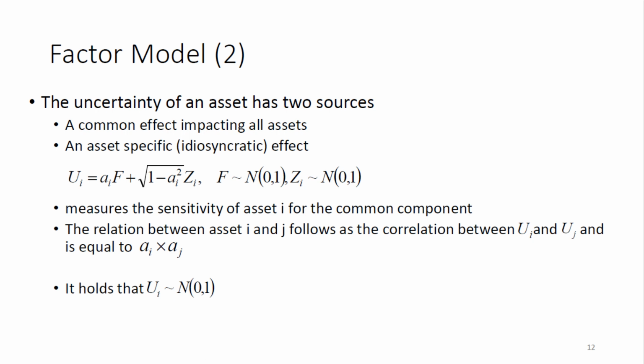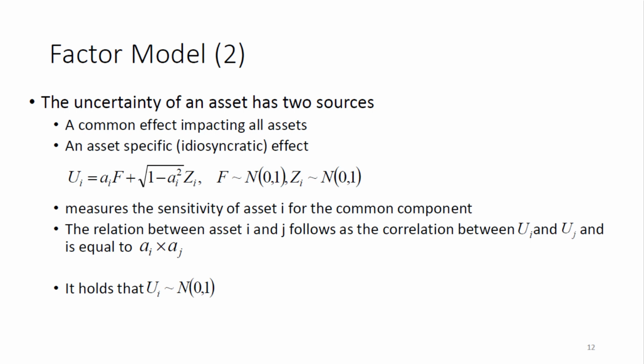If we look at an individual asset, then we make the assumption that this individual asset has two sources of uncertainty. The first source of uncertainty is a common component, something that is affecting not only this asset on a standalone basis, but all assets in the world, all assets in the market.